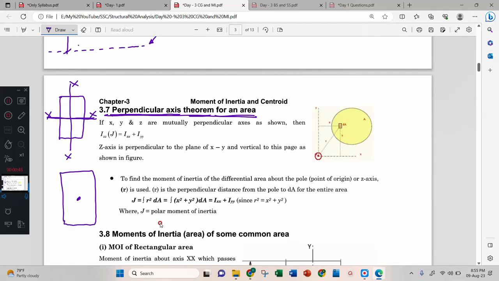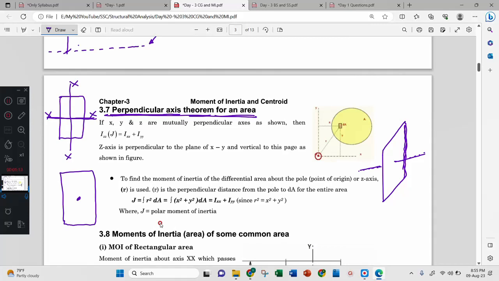If I want to show it in three dimensions, you can see here, this is the sheet. Correct? Three-dimensional sheet, and this is your perpendicular axis. Okay, this is your perpendicular axis, perpendicular to the plane. Okay, they are talking about the perpendicular axis theorem. Now how to get the perpendicular axis moment of inertia?